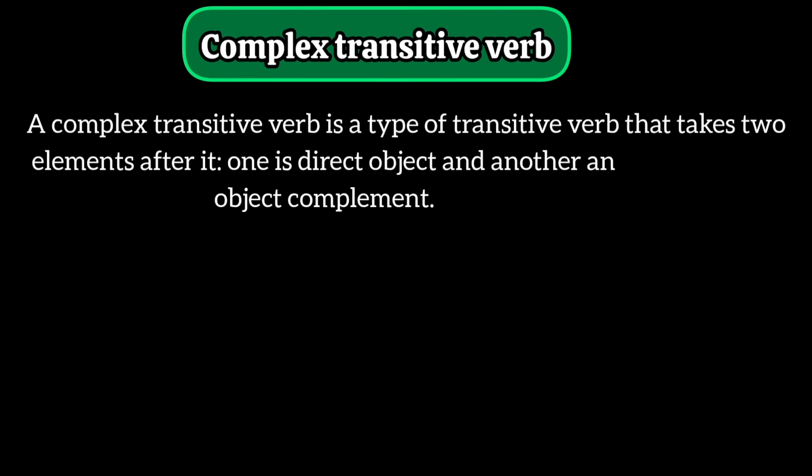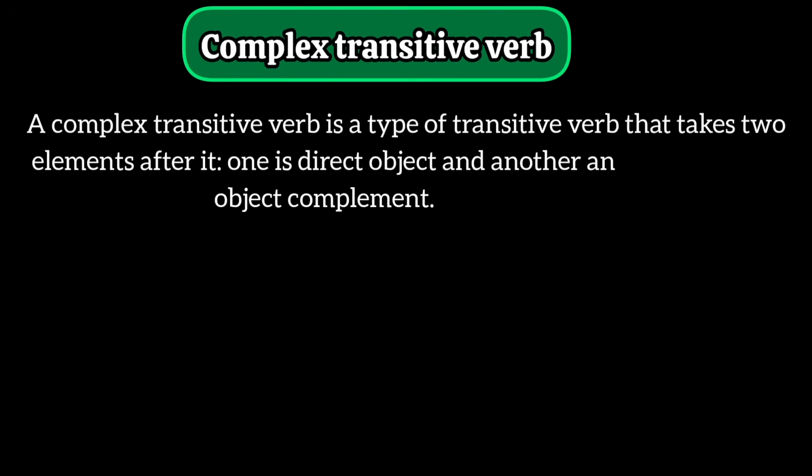Actually, the object complement can be a noun, adjective, infinitive, participle, or prepositional phrase, and it typically renames or describes the direct object, or shows what the object becomes as a result of the action. In other words, you can say, a complex transitive verb is a verb that requires both a direct object and an object complement to complete its meaning.